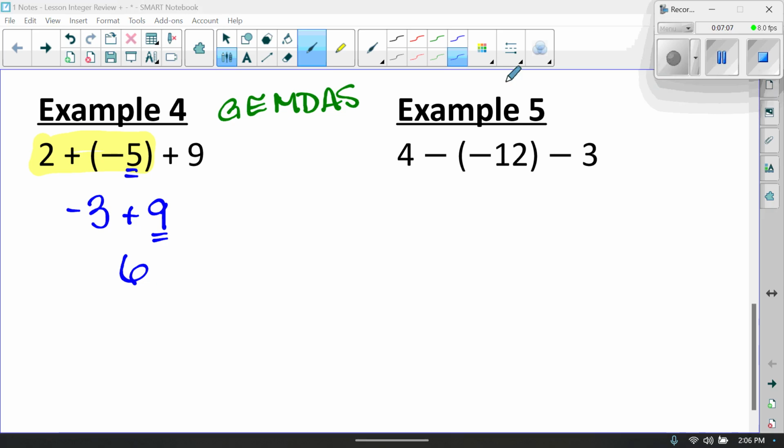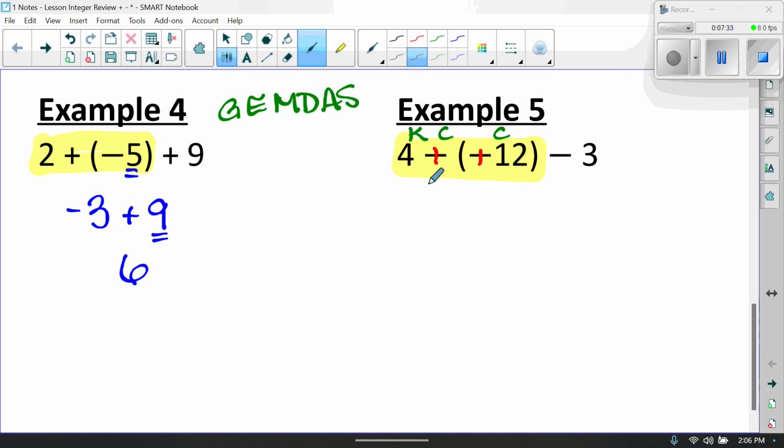All right, so on this one, we're going to tackle this first part. That is a subtraction problem. So we're going to keep, change, change. So here, we're going to add the opposite. We're going to keep the first number, 4. The subtraction becomes addition, and the negative 12 becomes a positive 12. Okay?